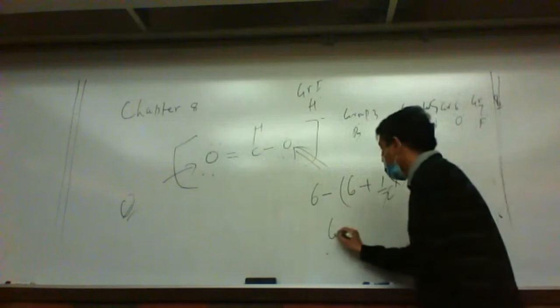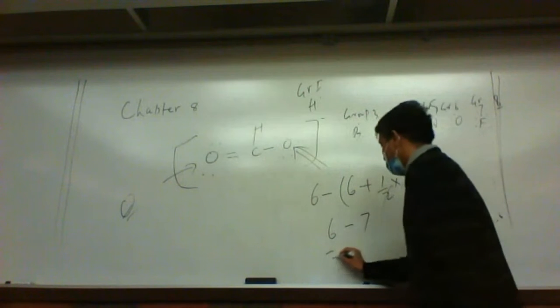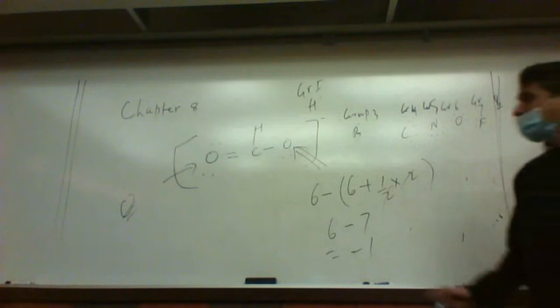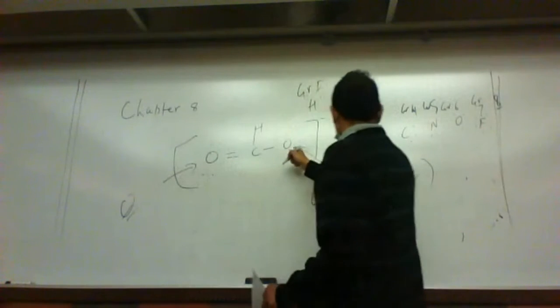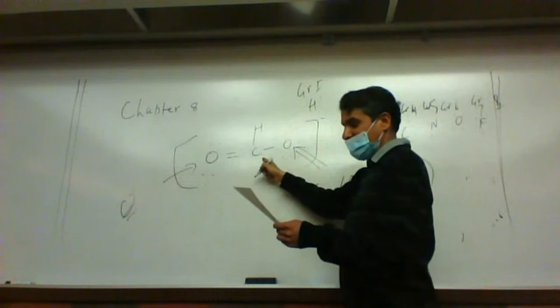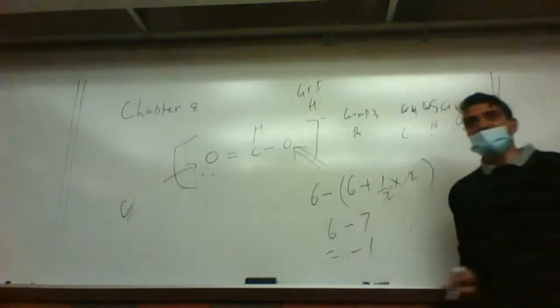Then 6 minus 7 is minus 1. So that is minus 1 for that oxygen. Make sense? So for this one, I got 0. For this one, I got minus 1. For this carbon, I got 0, and the formal charge here was minus 1.